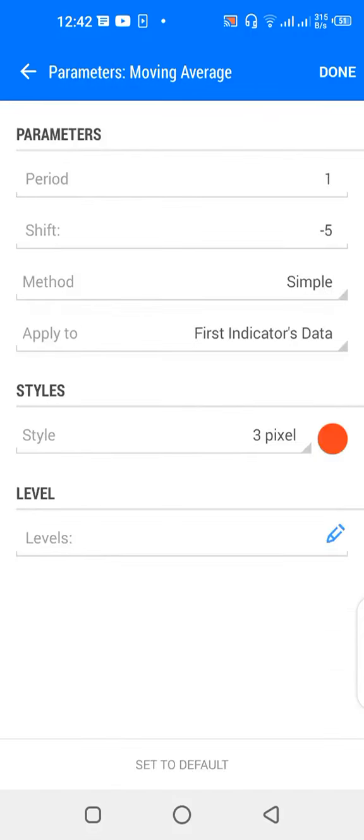Then the fourth moving average, period is 1, shift is -5, method is simple, apply to first indicator's data, color is red. Then the last moving average, we have period 1, shift is 8, method is simple, apply to first indicator's data, color is orange.